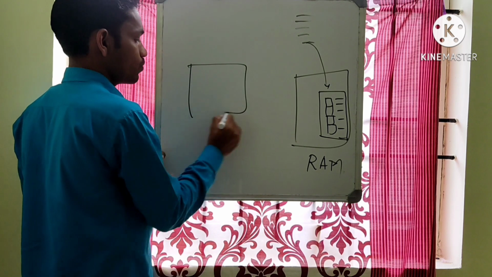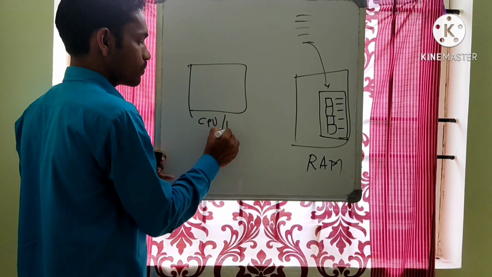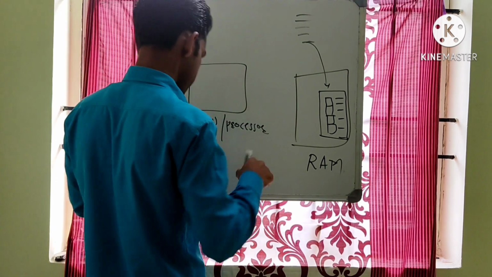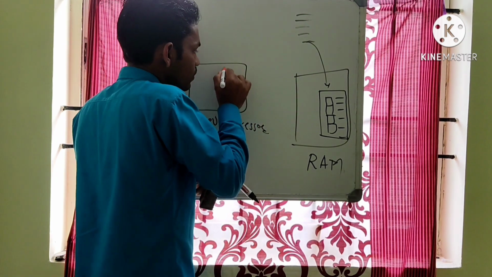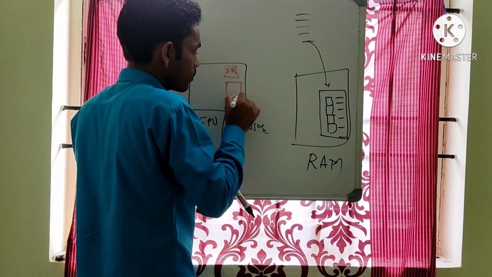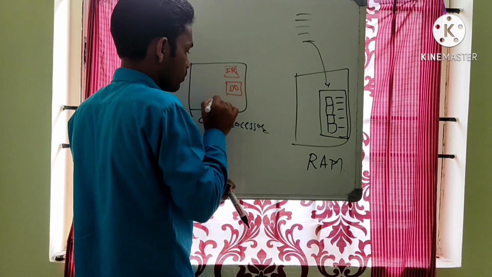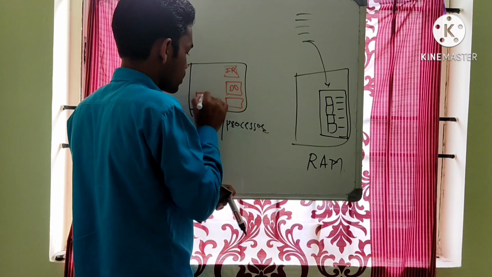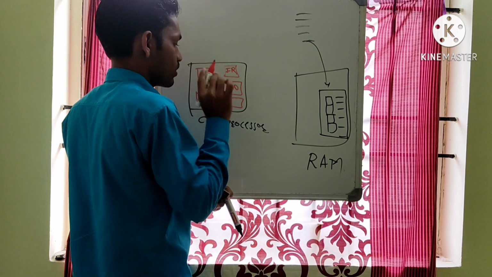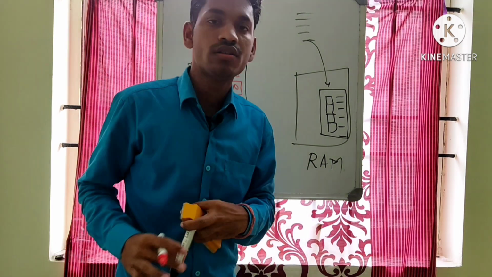And this is the CPU, or you can say the processor. Inside this there is an instruction register, a decoding unit, some registers, one ALU, and some CPU registers.